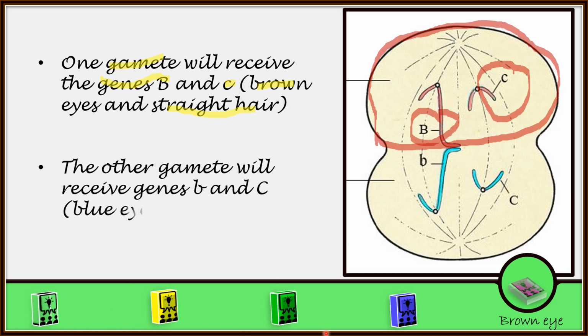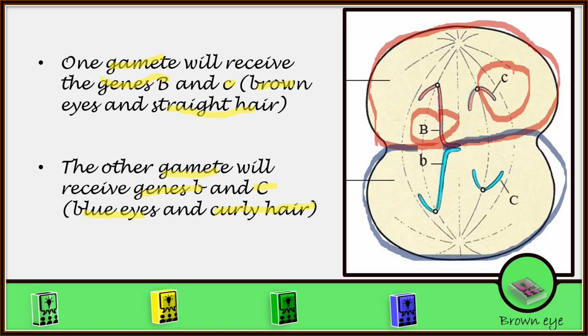Then the other gamete will receive gene small b and capital C, which are the genes for blue eyes and curl hair. So now the lower gamete is going to have a gene for blue eyes and a gene for curl hair.